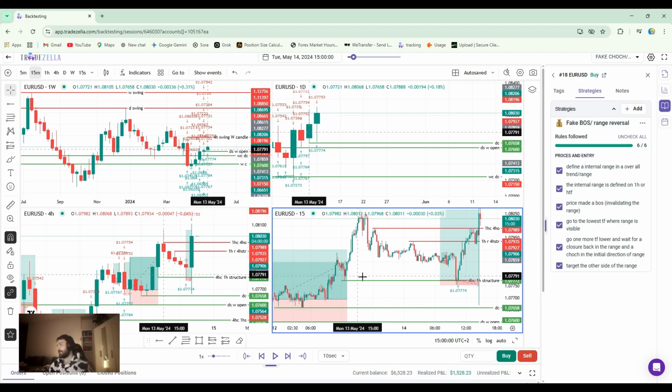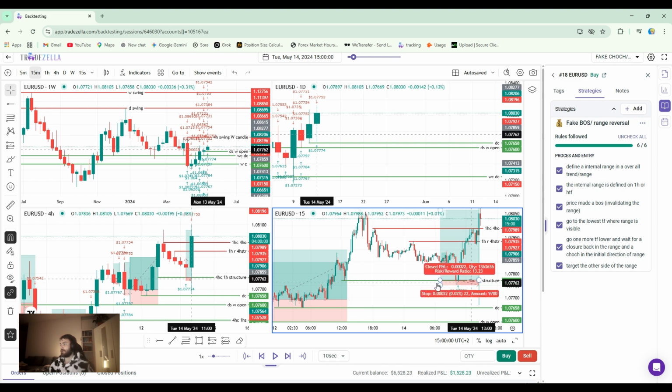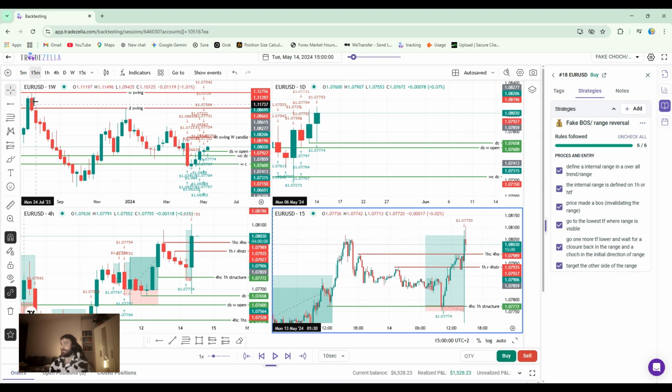I don't care what you call it. It happened, right? Go to the lowest time frame where the range is visible. This is 15 minutes, and then go one more time frame lower and wait for a closure back in the range and the change of character in the initial direction of the range. Right? You see that, and then target the other side of the range, which was that, right?